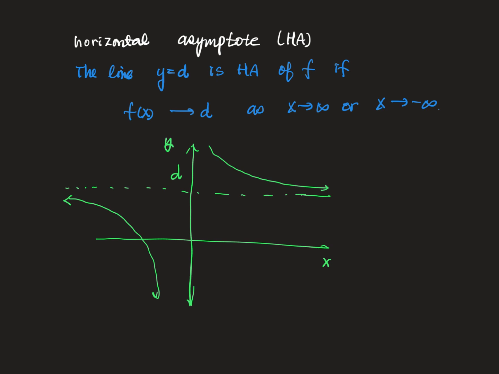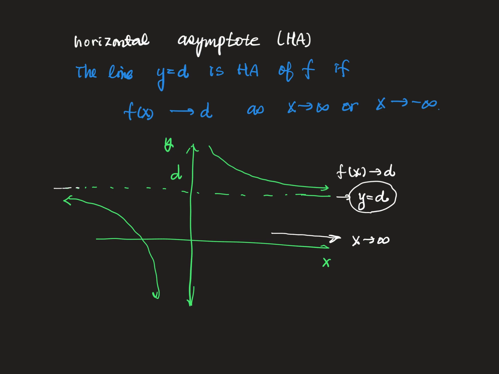Another definition is the horizontal asymptote line. A horizontal line right there, named y equals d. What happens? X is going in this direction, x going to infinity. The graph is getting close to the line y equals d, so f of x is getting close to d. We call y equals d the horizontal asymptote line.